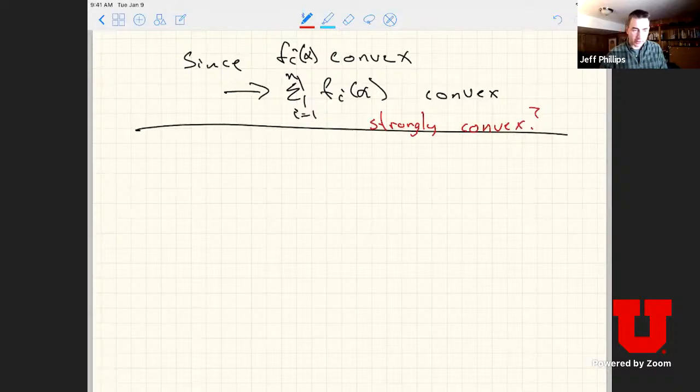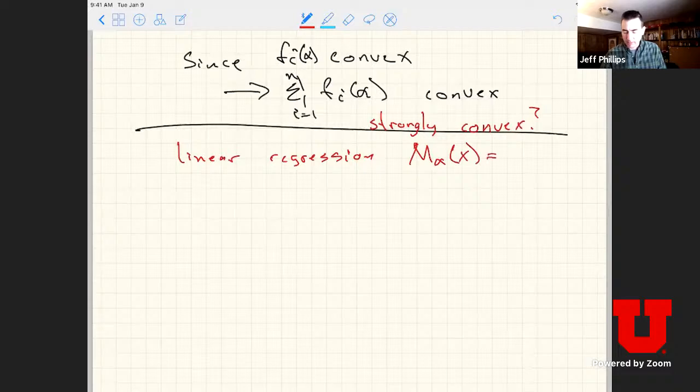Let's look at a simpler example where I can actually draw this. Let's look at just linear regression, where now my model f alpha of x is going to be alpha 0 plus alpha 1 xi.